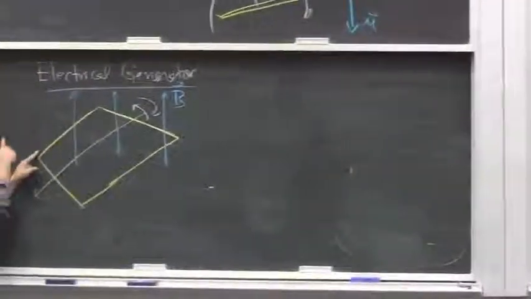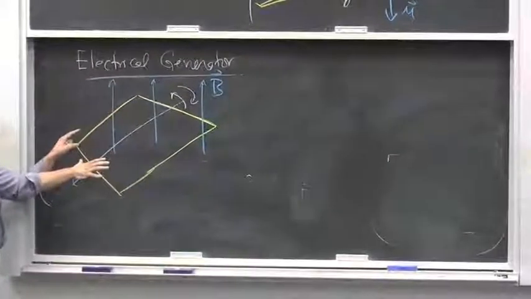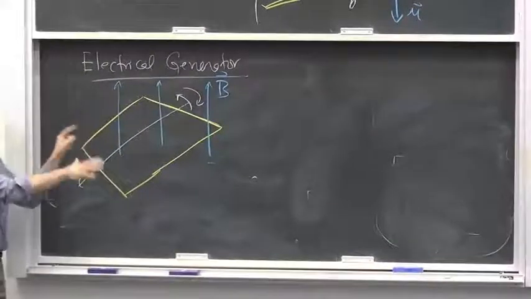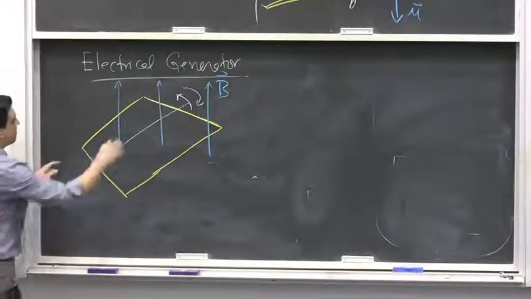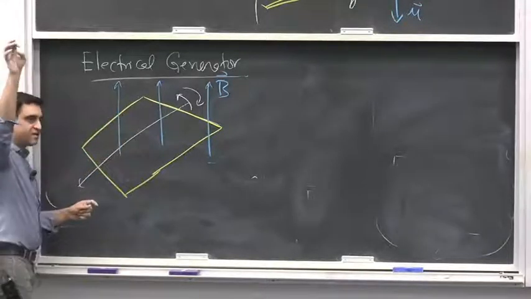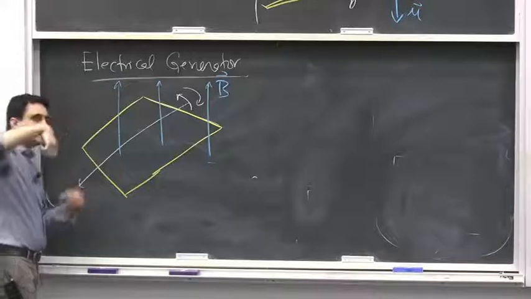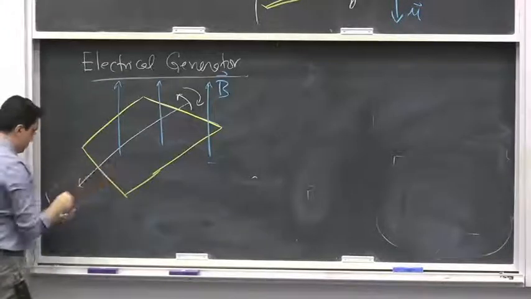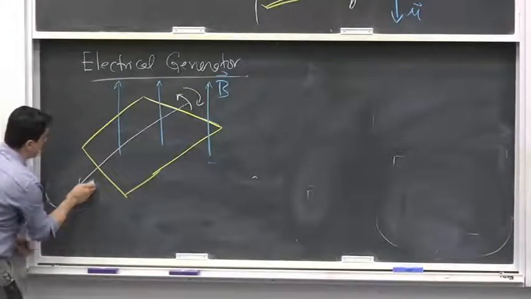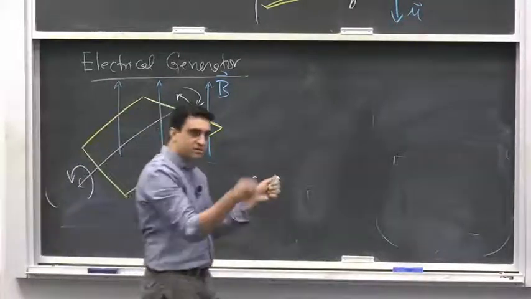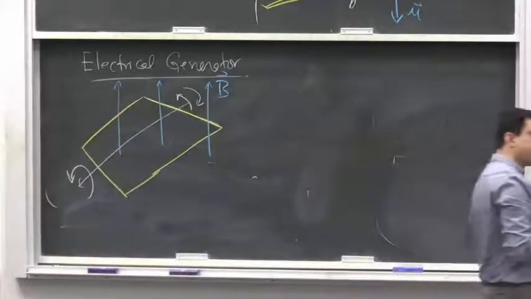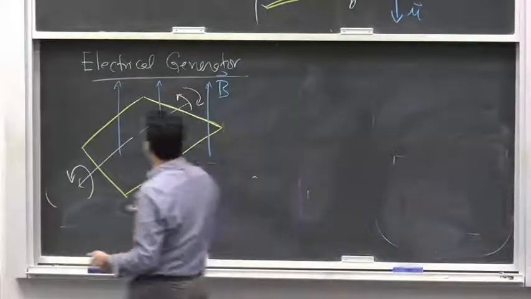What you have is a coil inside a magnetic field, and because the coil is initially not moving, there is no current. So what if somehow you have a turbine or something, and the turbine starts rotating, what would happen? This coil would start a mechanical motion of its own. So this cycle would start rotating. If the cycle starts rotating, what happens then?